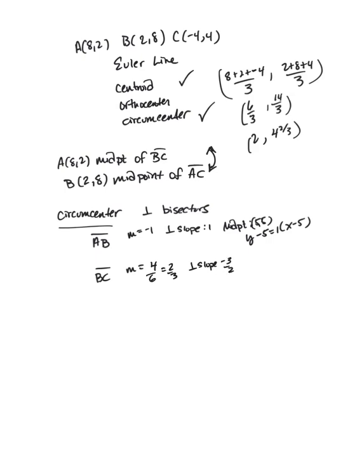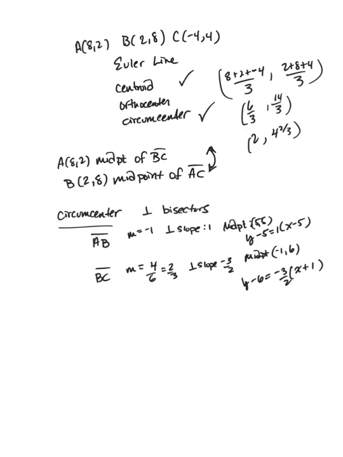The midpoint: 2 plus negative 4 is negative 2, divided by 2 is negative 1. And 8 plus 4 is 12, divided by 2 is 6. So I get y minus 6 equals negative 3/2 times x minus negative 1.